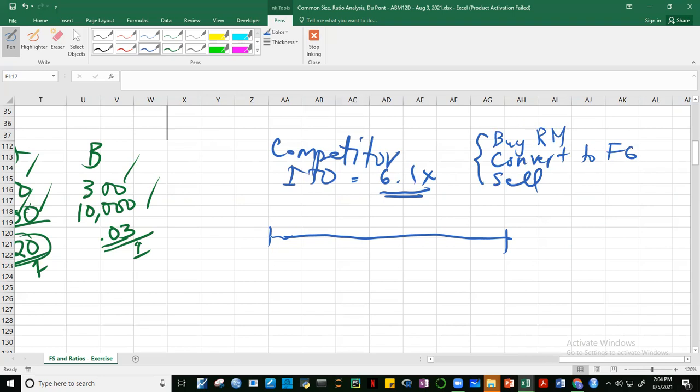So ibig sabihin si competitor, guys, 6.1 times a year. 1, 2, 3, 4, 5, 6, and then may kontent 0.1. So 6.1 times na bili ng raw materials, convert to finished goods, sell. Bili na naman, convert to finished goods, sell.